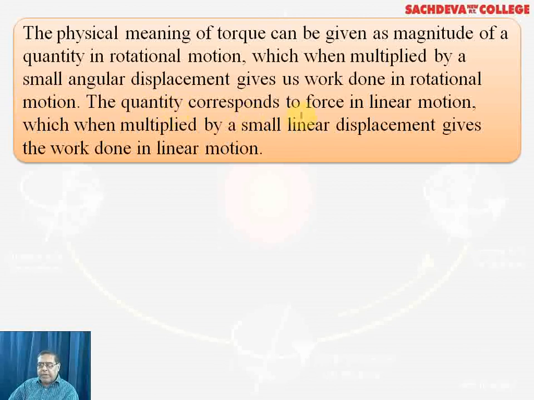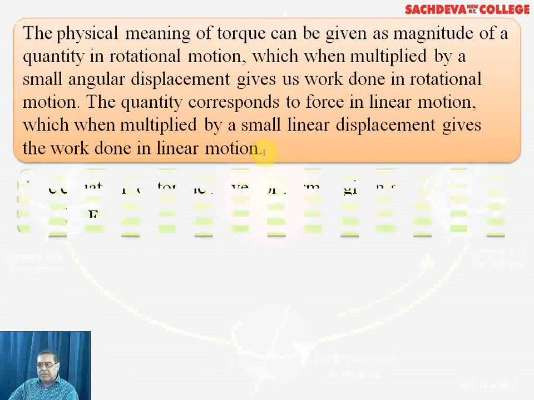The quantity corresponds to force in linear motion, which when multiplied by small linear displacement gives the work done in linear motion. Linear motion means that it is in a straight line, and rotational motion means that the body is moving about its own axis.